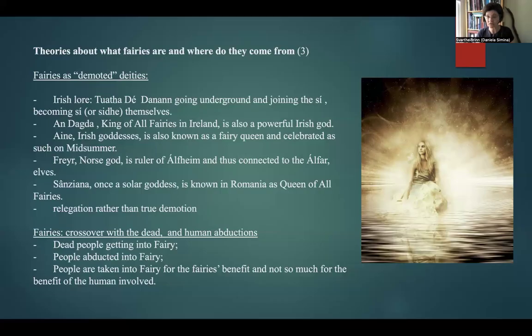He's a Norse god, but he's also ruler of Alfheimr and thus connected to the Alfar, which are Scandinavian elves. In Romanian, we have Sânziana, Ileana Sânziana. She's known as Queen of all fairies in Romanian folklore, but once upon a time she was a solar goddess.